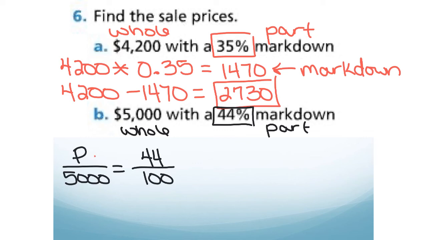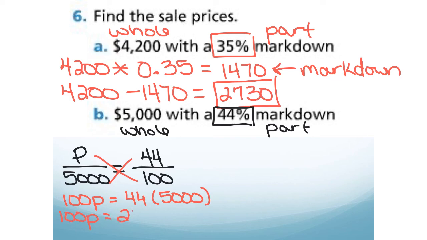And now I'm going to practice cross multiplying. And when I cross multiply, I will do 100 times P, and that is equal to 44 times 5,000. 100P is equal to 220,000. Now I want to divide by the 100 so that I have just P by itself, and I find that P is equal to 2,200.